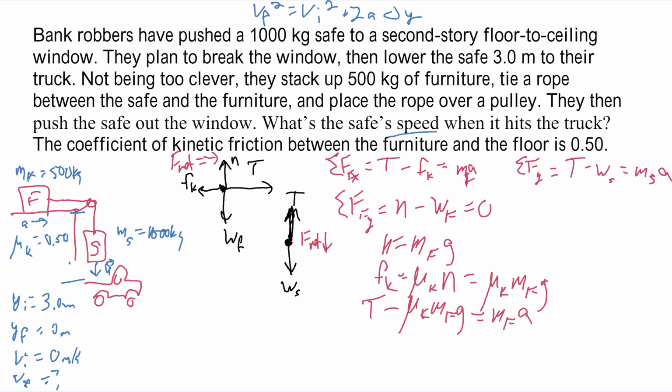So you're going to add it to the other side, right? So then solve for tension. So I have tension equals mass of the furniture times acceleration plus mu sub K, mass of the furniture, G.